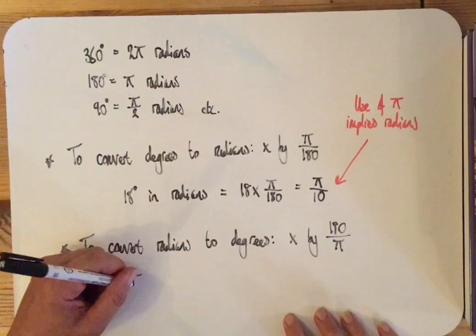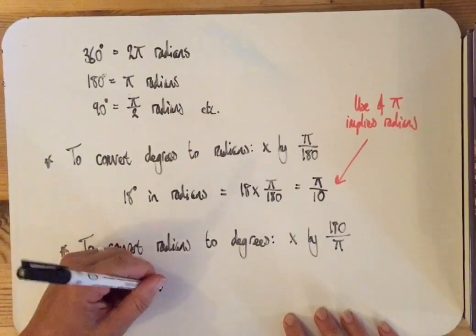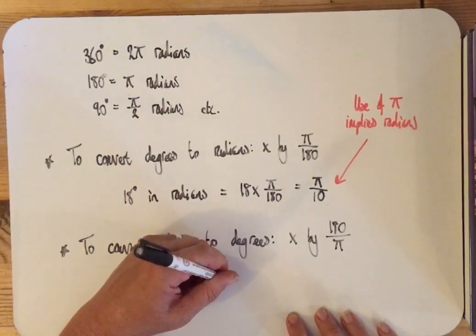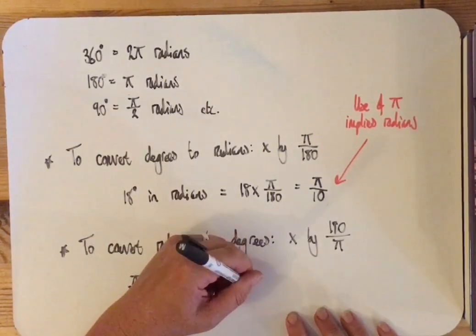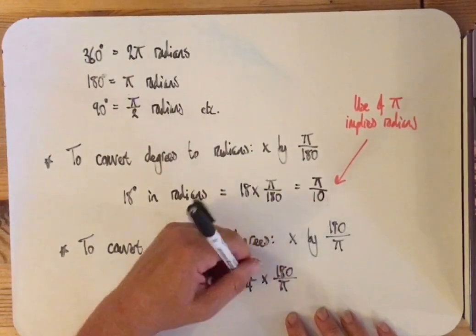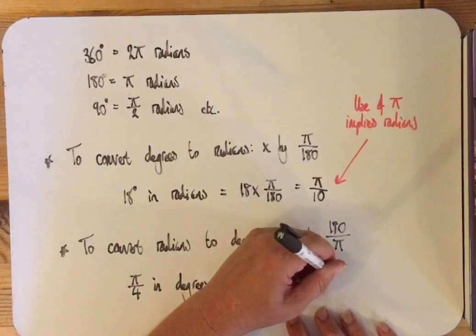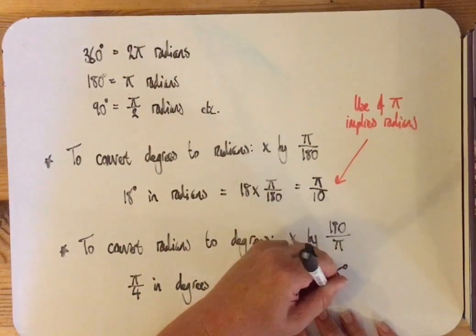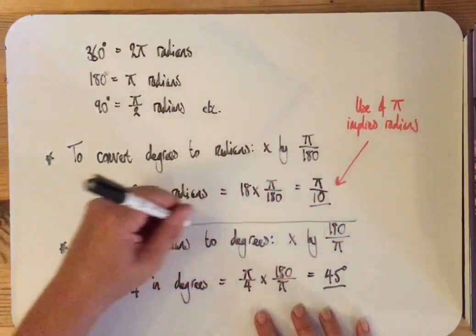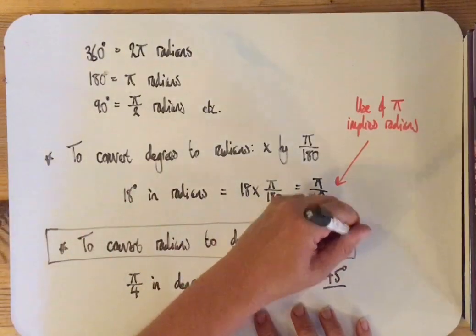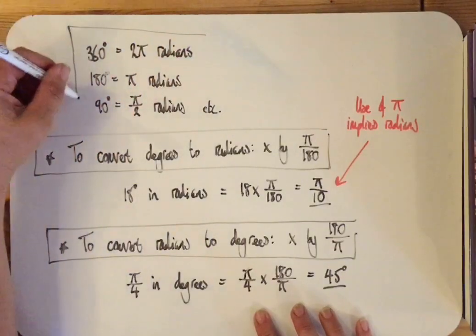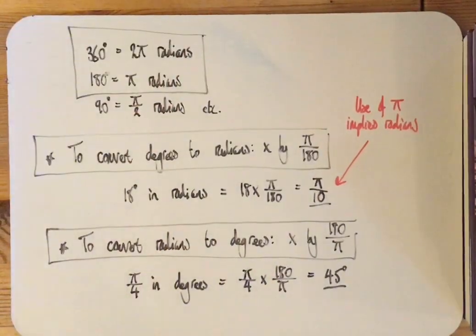So pi by 4 in degrees is equal to pi by 4 times 180 over pi. The pi's will cancel off. 180 over 4 is 45 degrees. So that's your kind of little learning point there. And 360 degrees, 2 pi radians, 180 degrees, pi radians, etc.